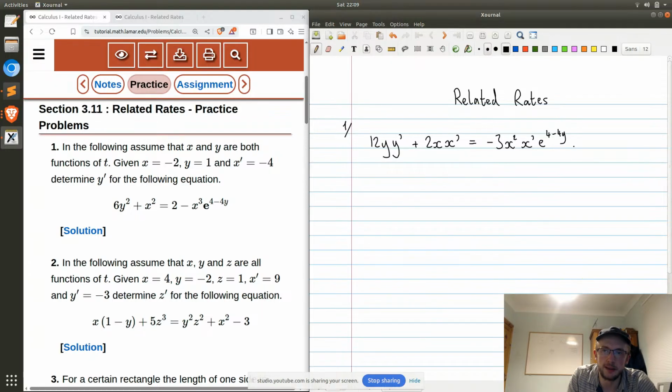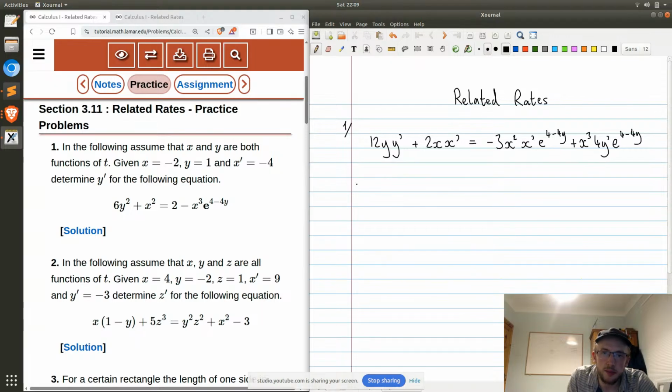So it becomes plus. Like that. Okay, and so somehow this is supposed to help me get what y prime is.